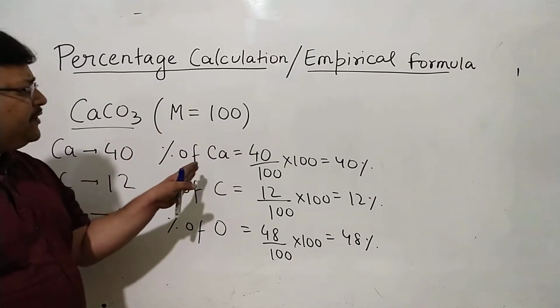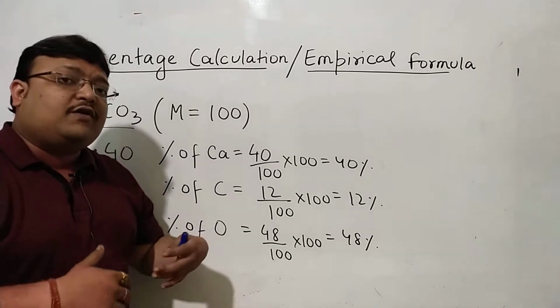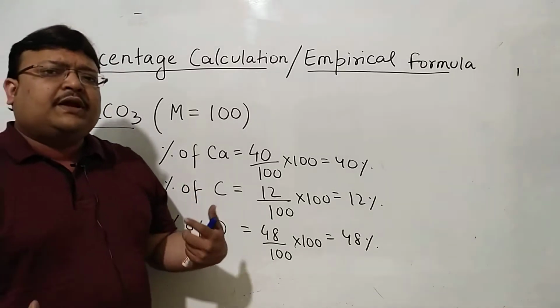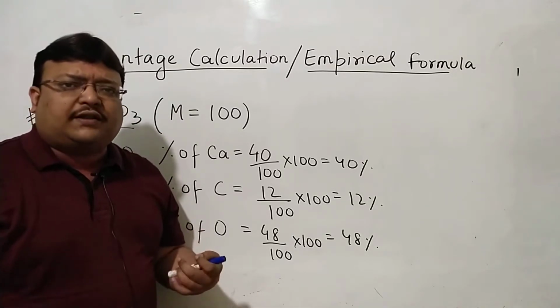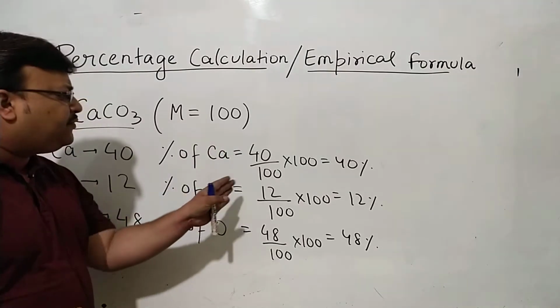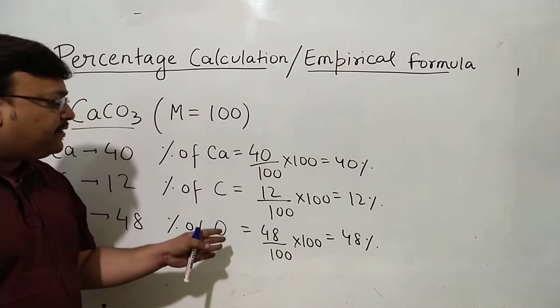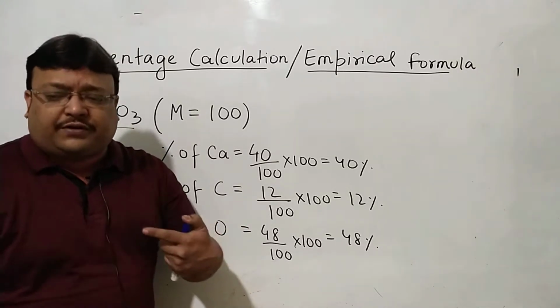Out of 100, calcium is 40%, carbon is 12%, oxygen is 48%. We already know we are talking about calcium carbonate, but now we'll pretend as if it's a new problem altogether, where we are told 40% by mass of calcium, 12% by mass of carbon, 48% by mass of oxygen. What could be the empirical formulae or chemical formulae of such a compound?